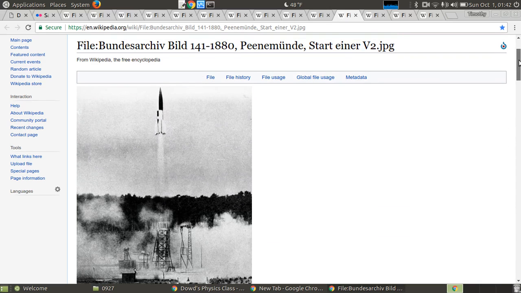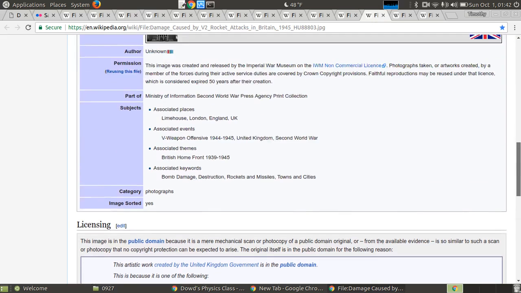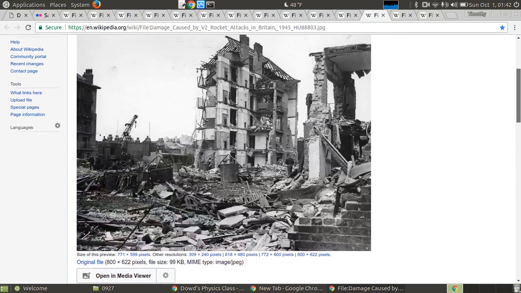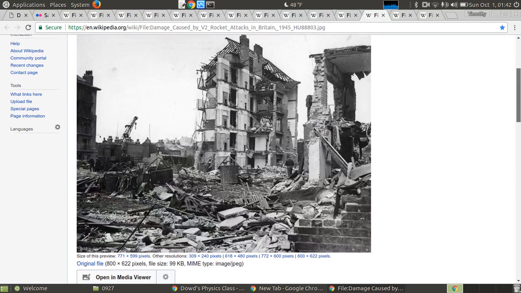This is one being launched from Peenemünde during World War II. And they were designed for one thing, which was to destroy London. And they did a pretty terrible job on London. They caused a lot of suffering and killed a lot of people.